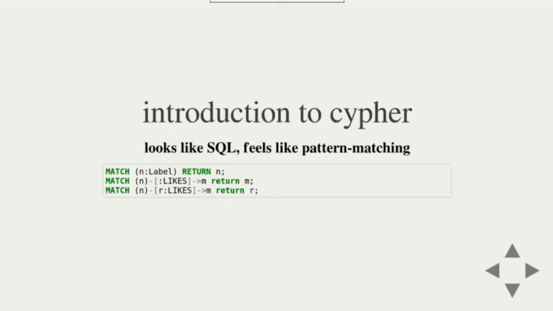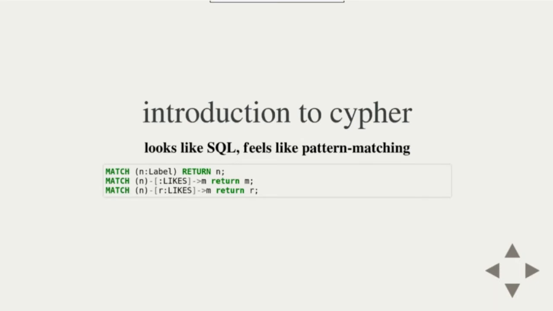Okay? You don't tell how you want to traverse this graph, like in Gremlin. In Gremlin, you show the steps. Get to this node, from this node, get this edge, from this edge, get this node, blah, blah, blah. And you just describe how you want to traverse. In Cypher, you say, find me a subgraph which matches my expression.